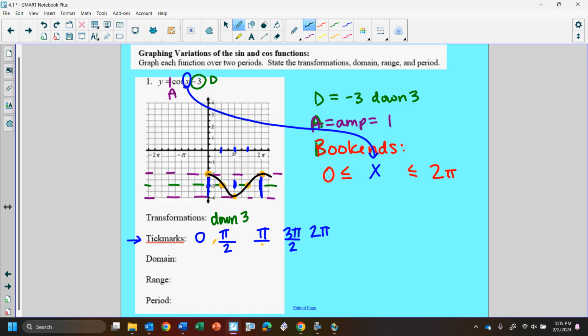Meaning I want you to continue that pattern to the left and give me a second cosine curve to the left. So think about it: it went up, down, up, coming back down, coming back up, all the way to the top corner. So continue those 5 points to give me a second period.